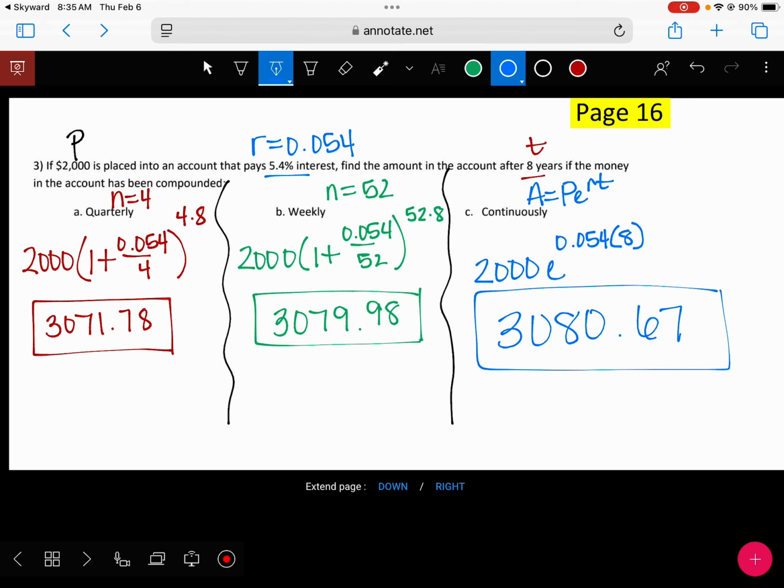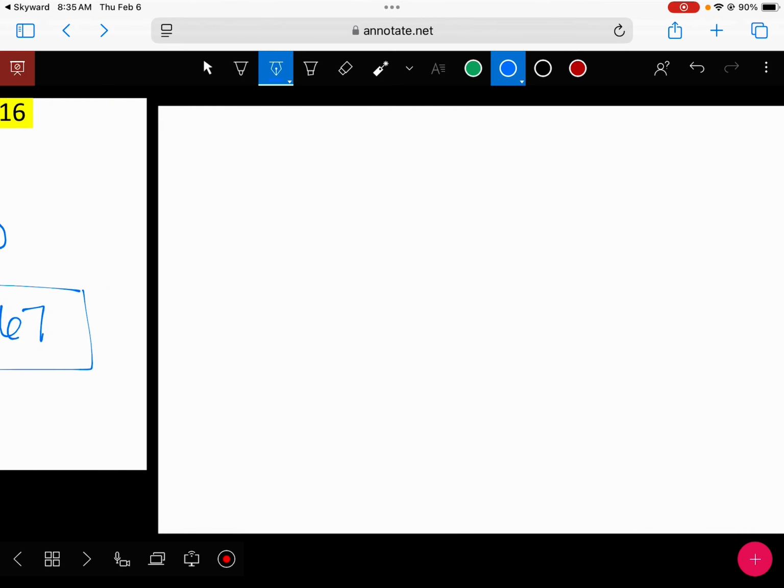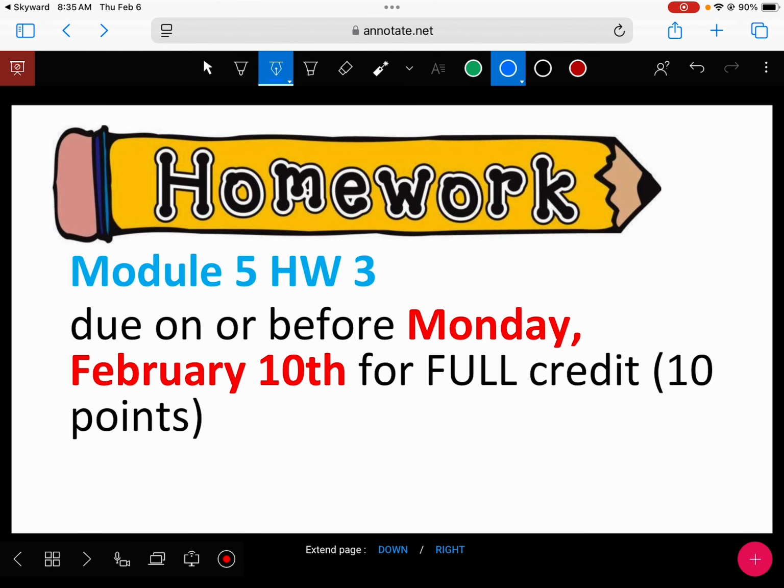You gotta type it in the way you see it up there, better. And then you have to put in that times 8. See how you have to put times 8? You have to do that. Okay. So homework 3 is due on Monday. Let's take it out. We're going to work on it together.